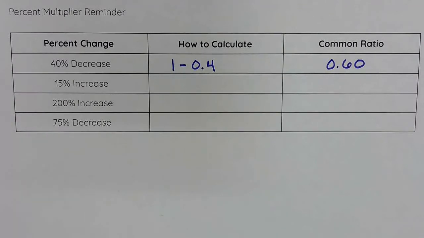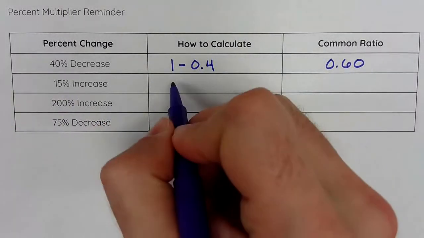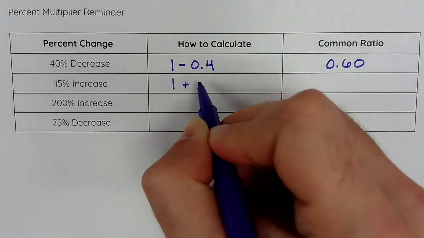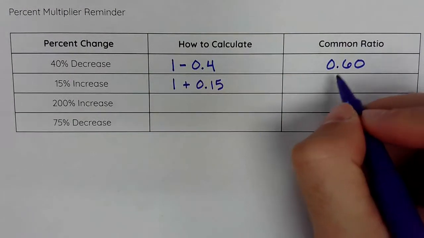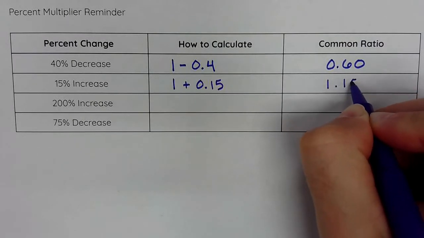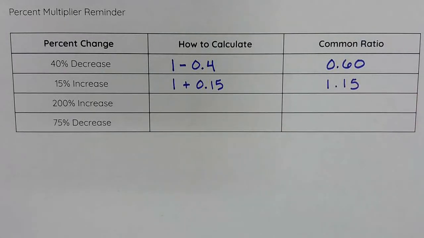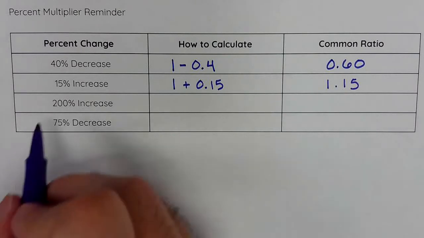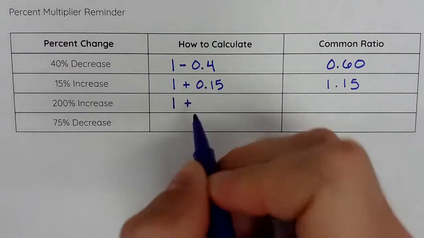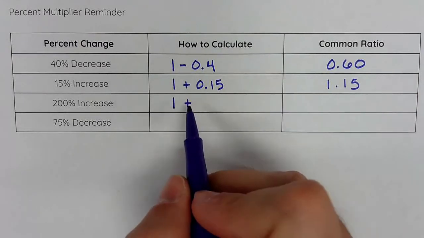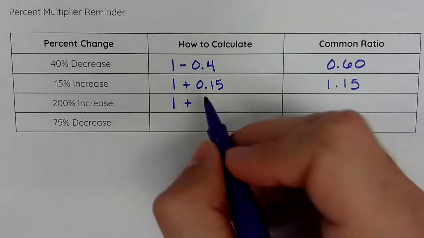For a 15% increase, it's an increase, so we're adding. So 1 plus 0.15, giving us a common ratio of 1.15. 200% increase, 1 plus, notice, we always start with the 1. We're adding 200% as a percentage is just 2.